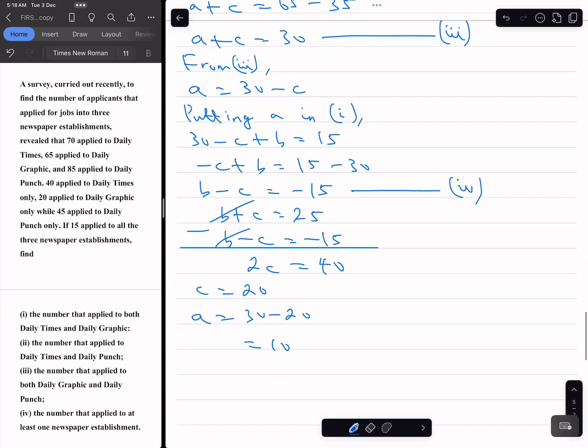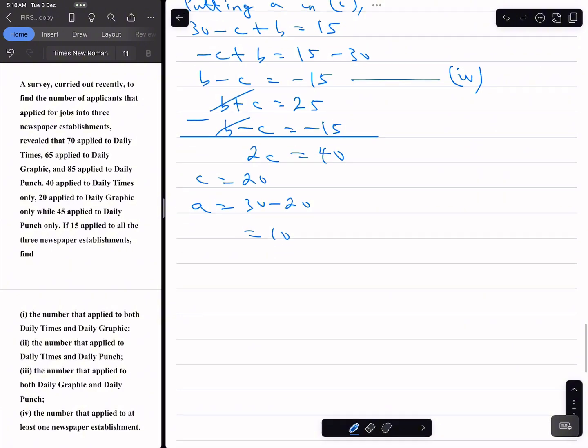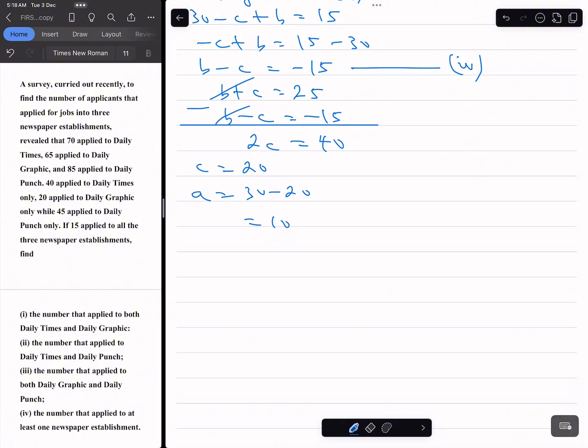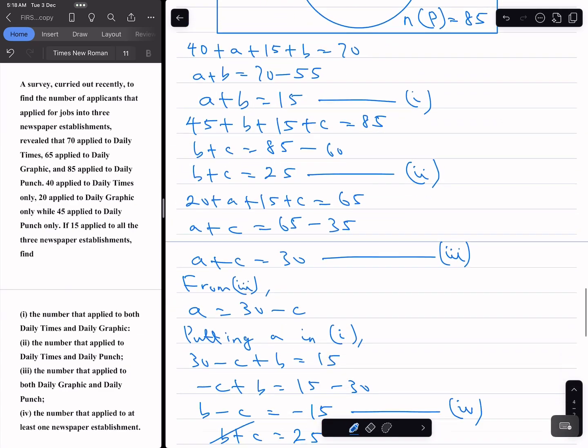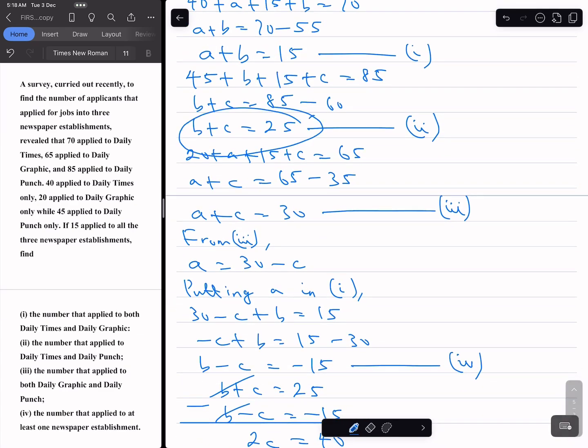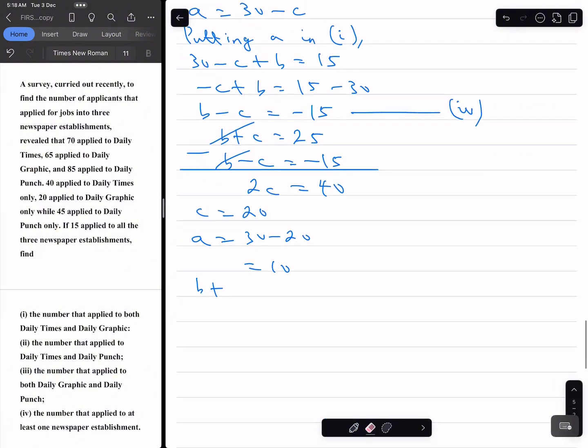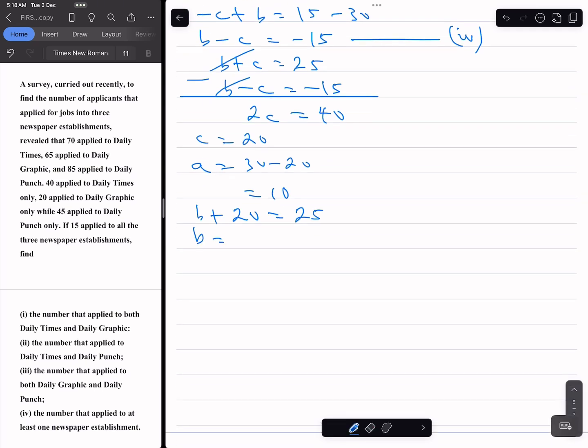Now what else do we need? Let me put C in equation 2. B plus C equals 25, and that simply means B plus 20 is equal to 25, which means B equals 25 minus 20, and that means B equals 5.